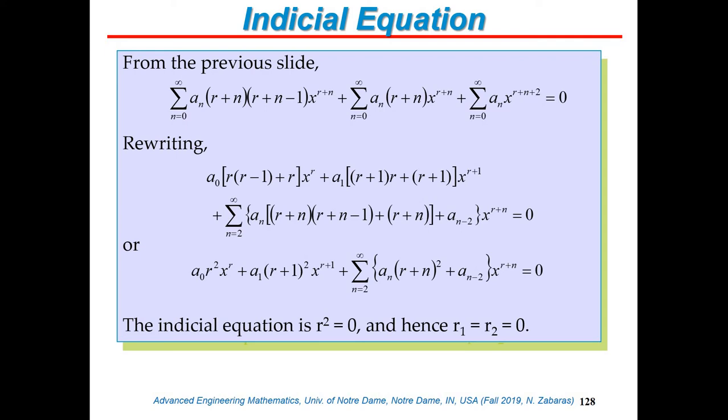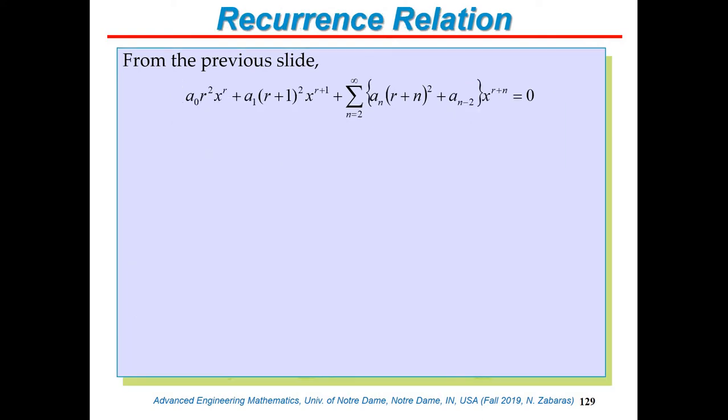When we have two solutions that are equal, we have to be careful in how we define y2 to be independent from y1. So notice that if r is equal to 0, and this whole coefficient here needs to be 0, a1 has to be 0.